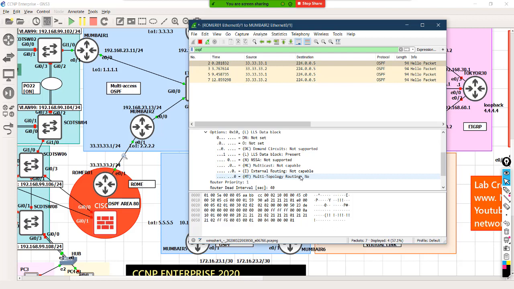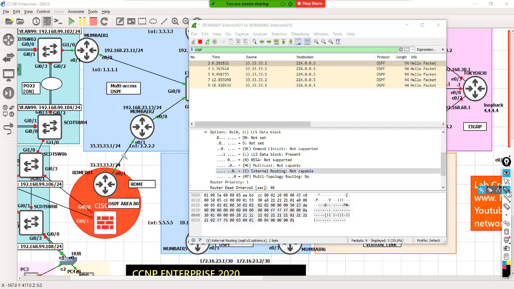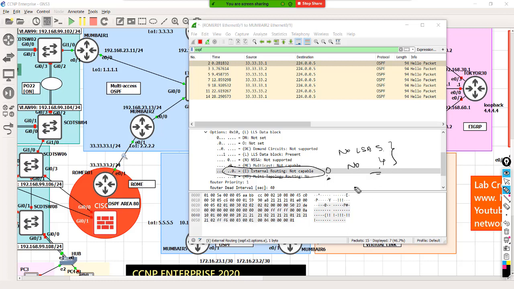Now it's shown up. In the previous class, when I was trying to show you, it wasn't working. So now you can see the external routing has been suppressed. So that means there is no LSA 5, and also no LSA 4. This is basically to suppress the external routing.